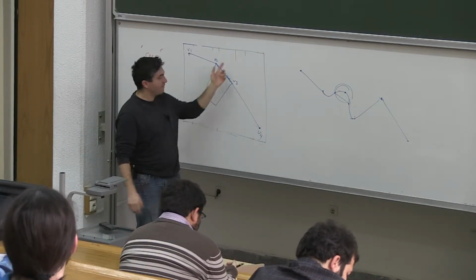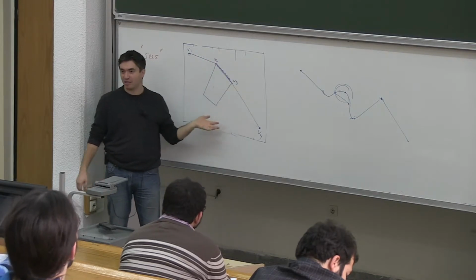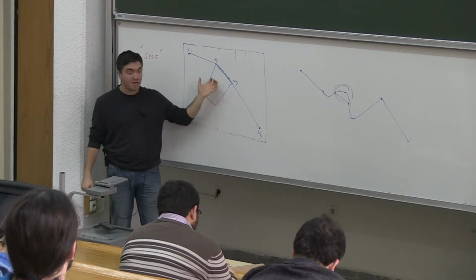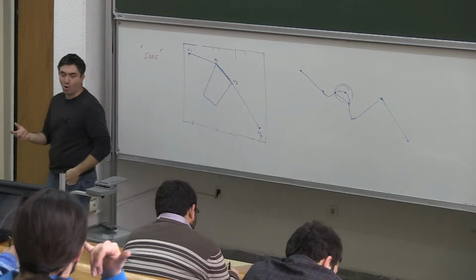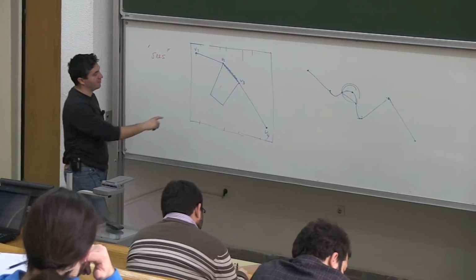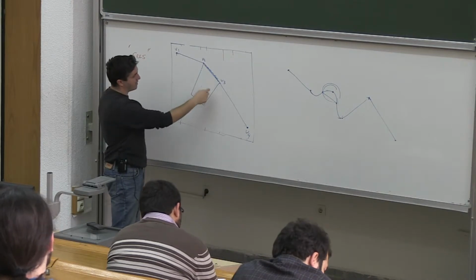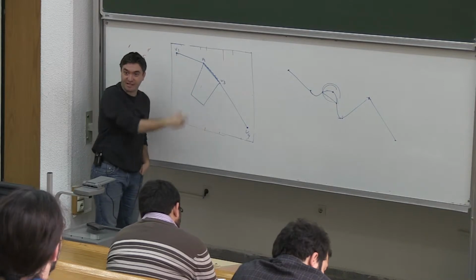So if I have n obstacle vertices, I have n obstacle edges, okay? Since these are polygons, the number of vertices and the number of edges are the same. For example, if this one has n vertices, it's an n-gon, so it has n edges as well.